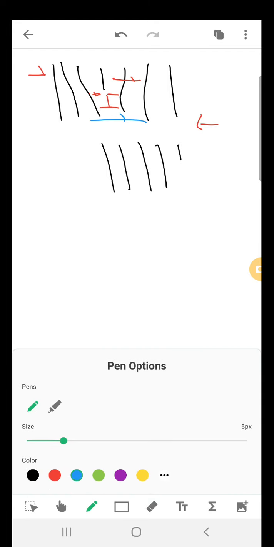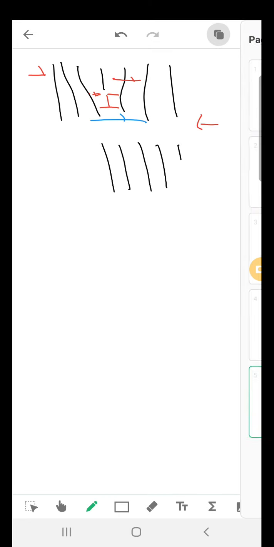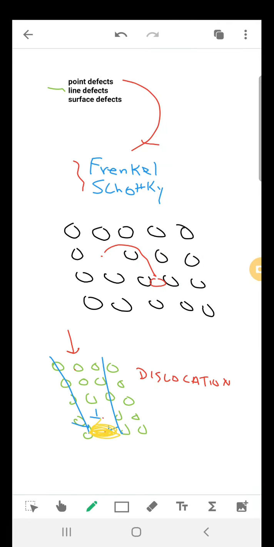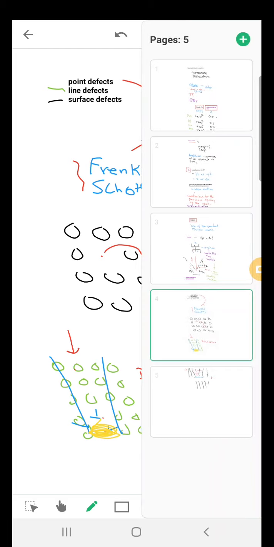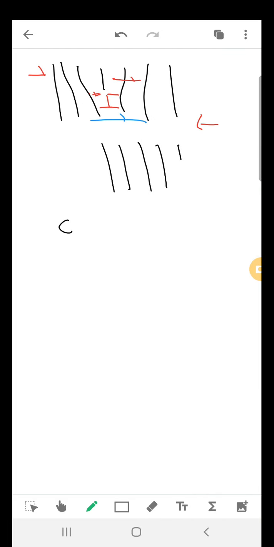Whereas if you consider the surface defects, the third one in the previous case, surface defects come as grain boundaries. So you have nucleation of atoms, and we have different orientations of atoms. We have different grain boundaries here.